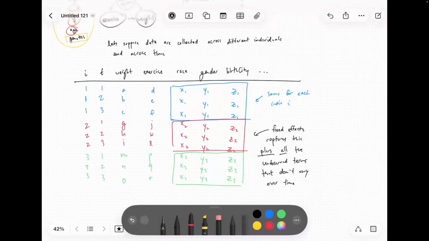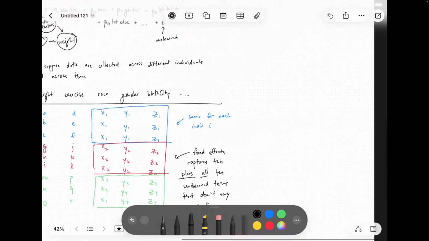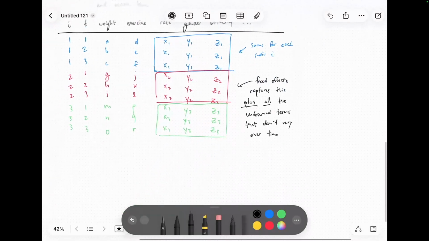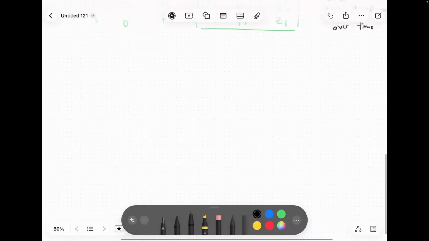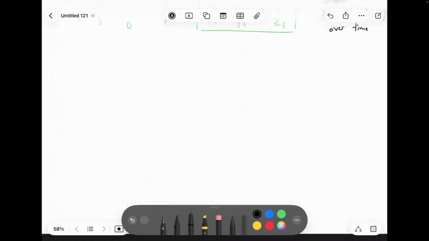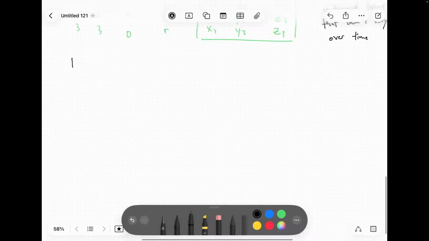So, now that we have this information, how do we actually implement fixed effects? There are two ways to do this commonly. And I should just mention this is the general approaches that people often take.